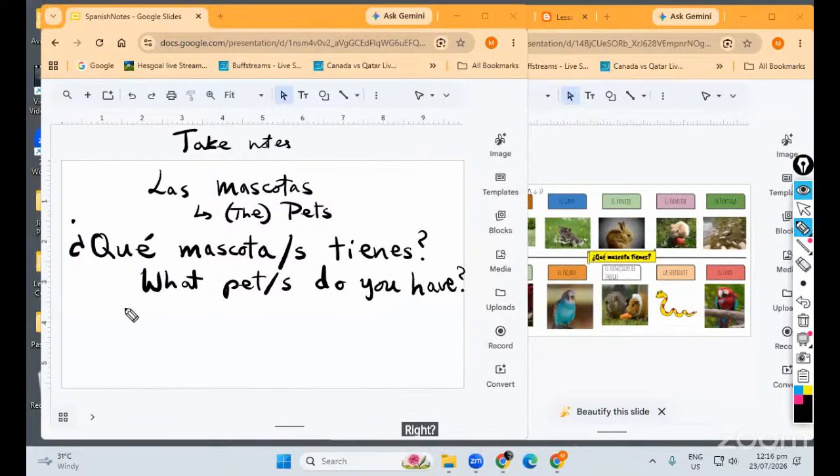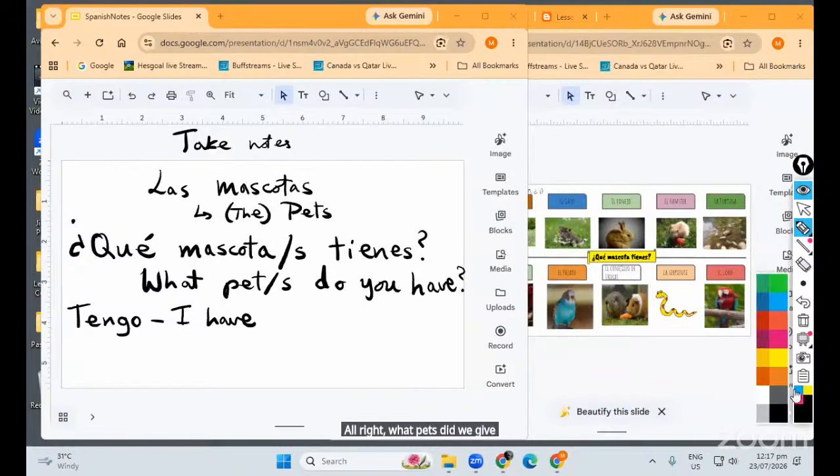And then how do you respond? You say tengo, and then you list out your pet. I have, right? All right, what pets did we give ourselves just now?